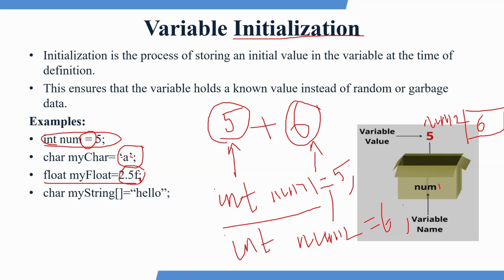If you want to explicitly mention that this is a float type value, you can mention the f symbol here. If you want to store a group of characters, there is no separate data type here. We need to use characters with an array. This concept we will study later. As of now, you just need to know how to initialize the values.